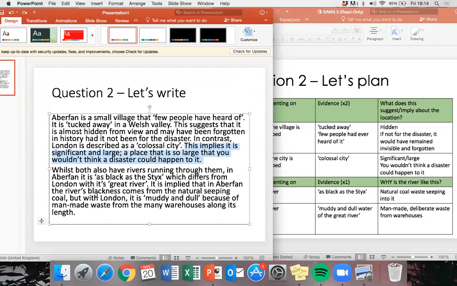Moving on to the second paragraph, we then have our statement and quotation for source A. We then follow on with our statement and quotation from source B, which differs from London with its great river. Okay, we then do our inference for source A. It is implied that in Aberfan, the river's blackness comes from the natural seeping coal, but with London, we then switch to make our inference for source B. Ta-da! We have done it.